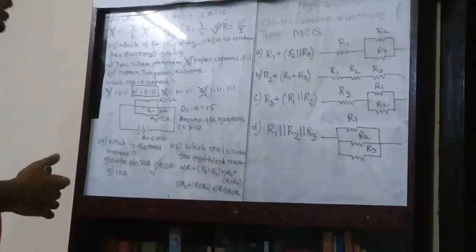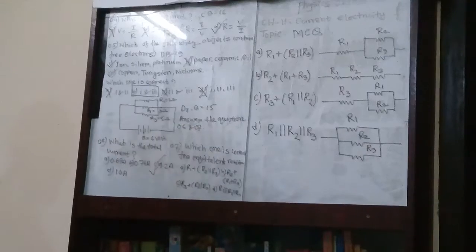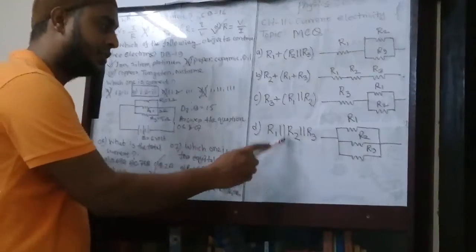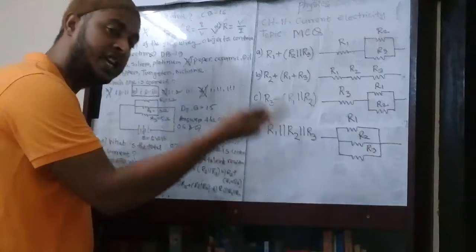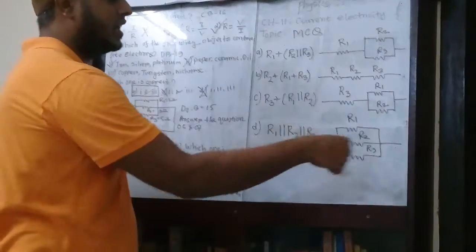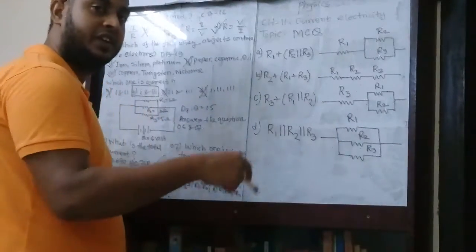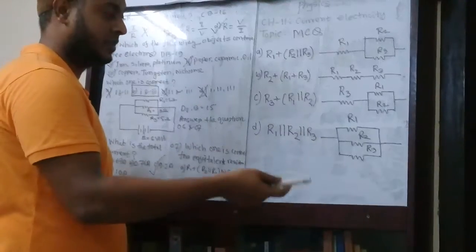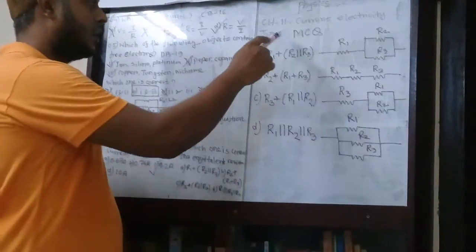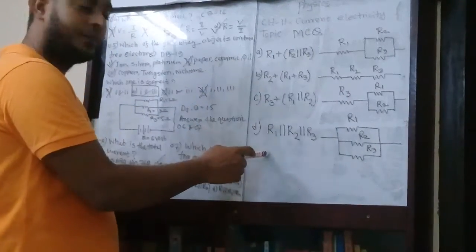Boys and girls, the equation is given here: R1 is parallel with R2, and R2 is also parallel with R3. So R1, R2, R3 are connected with each other in parallel connection. That's why you can say this. Which one is the correct answer here?